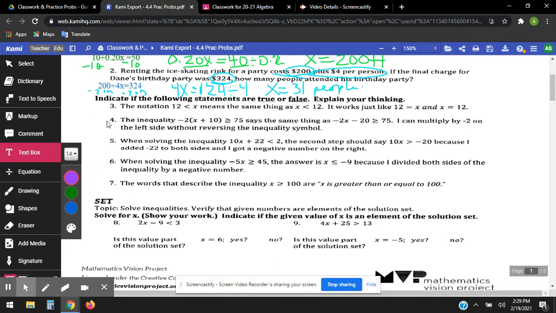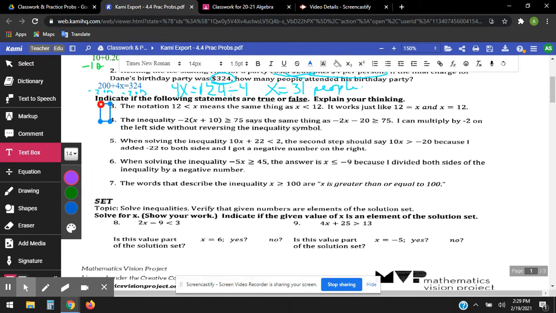No, unfortunately, it is not. This is false because this symbol means less than, and the greater than symbol means greater than, and those are different.